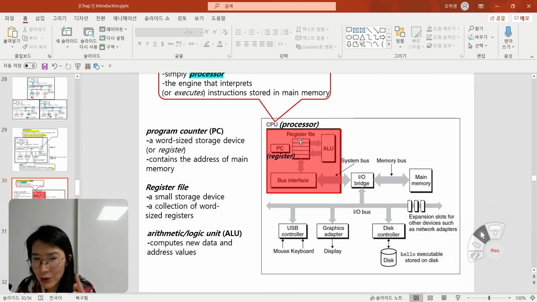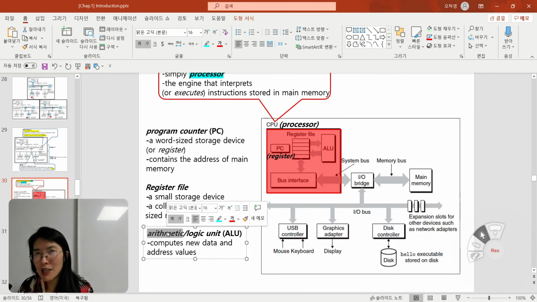And what is the register file? It is also a small storage device, a collection of word-sized registers, right? So the register file is the collection of word-sized registers. What is the ALU? The ALU can compute new data and address values. All right. So what is arithmetic?